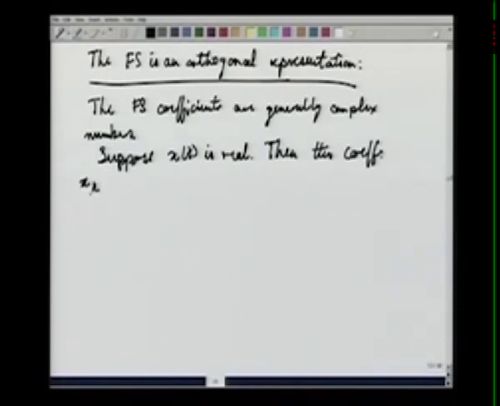The coefficients x k and x of minus k will be complex conjugates.